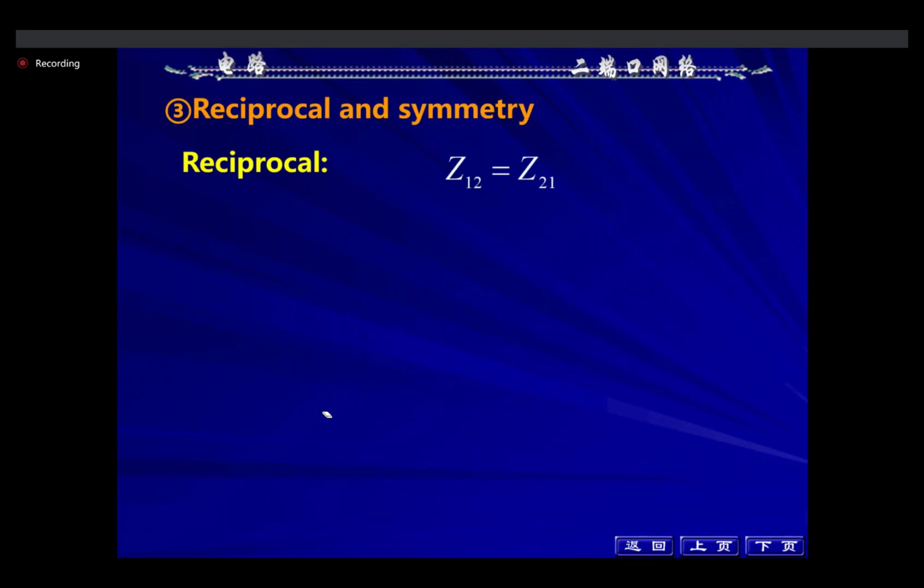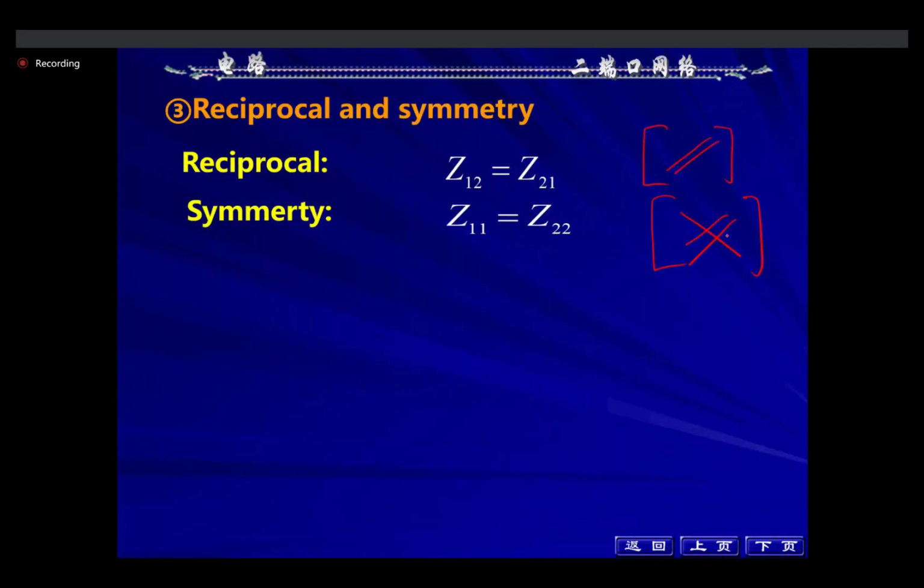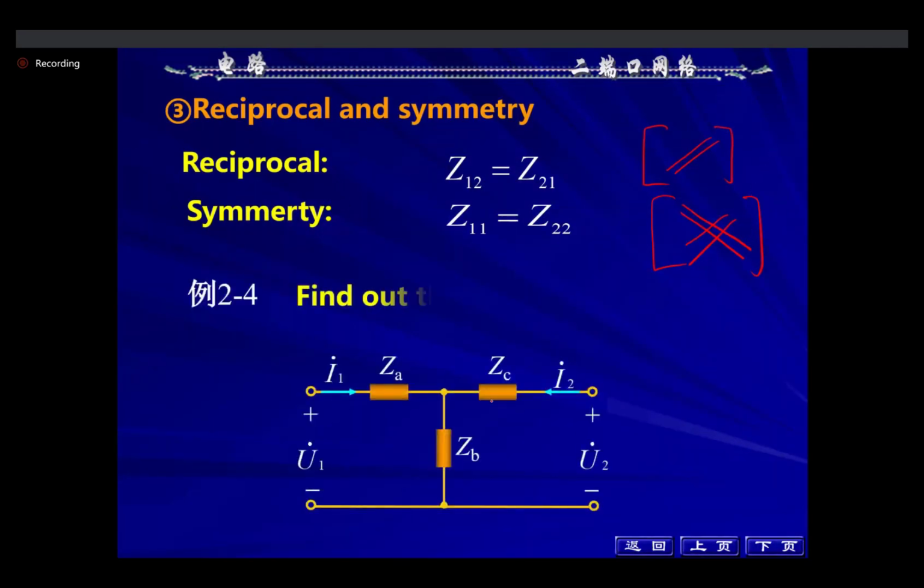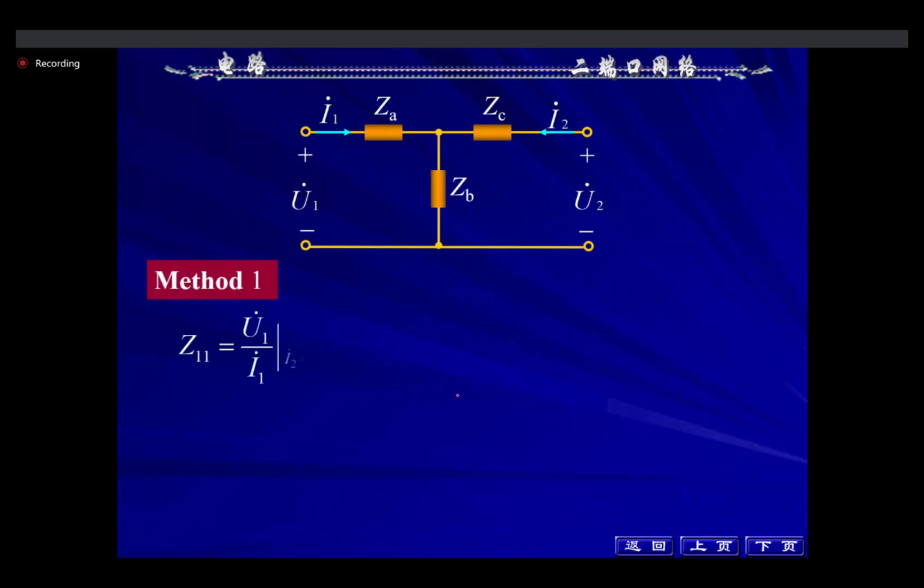The reciprocal condition is Z12 equal to Z21. The reciprocal and symmetry condition is Z12 equal to Z21, and Z11 equal to Z22. This is symmetry. For example, for this circuit, find the Z parameter. Method 1: assume I2 is 0. This is open.